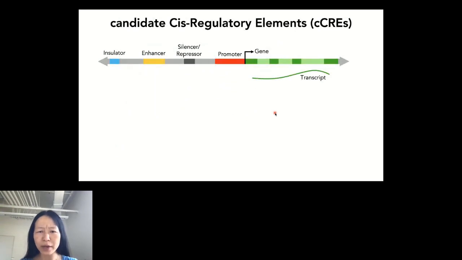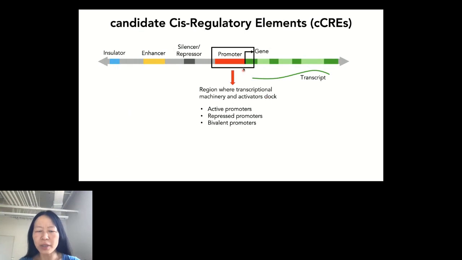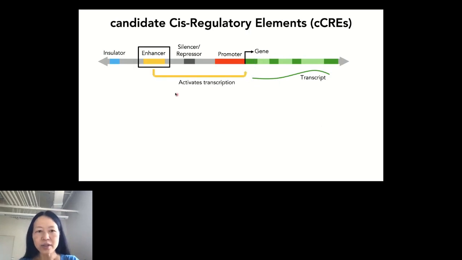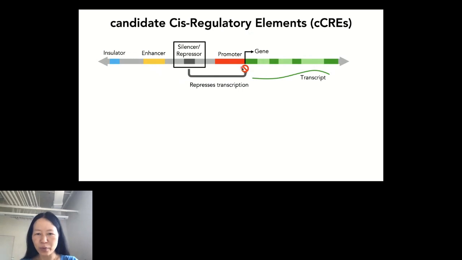So by regulatory elements, what do I mean? I mean promoters, which are immediately upstream of a transcription start site of a gene, and they can be active, repressed, or bivalent. Enhancers that act at a distance, still try to regulate the gene through the promoter. Silencers try to repress it.